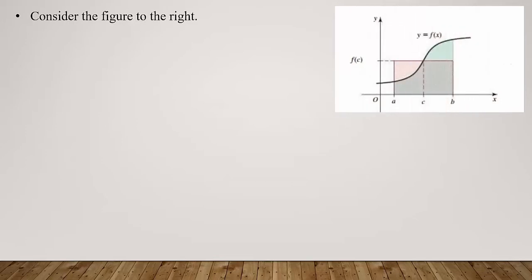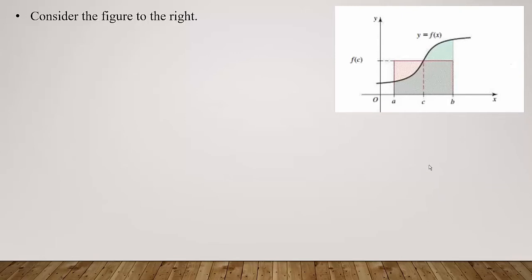All right, so even and odd functions can make our life a little easier. Now we're going to look at something I think is a really, really cool thing. Look at this figure to the right. Here's the graph of some function. I don't know what the function is, I don't care.